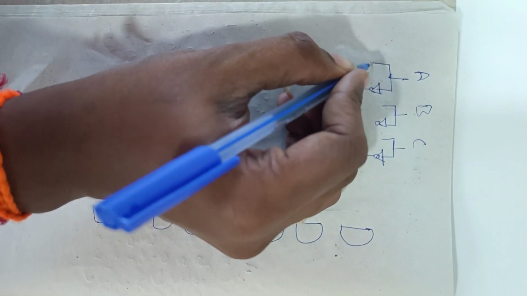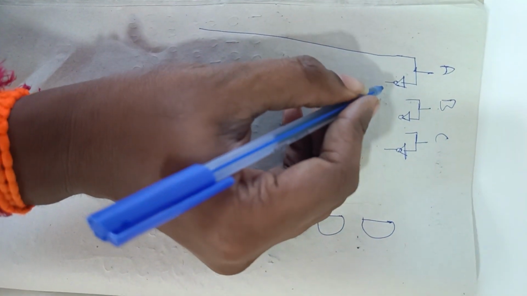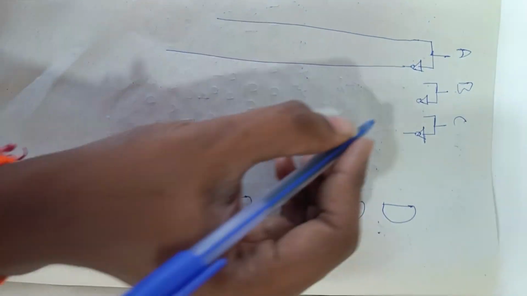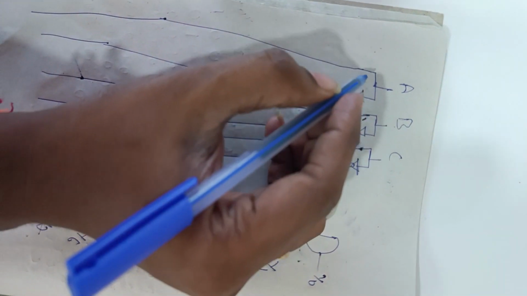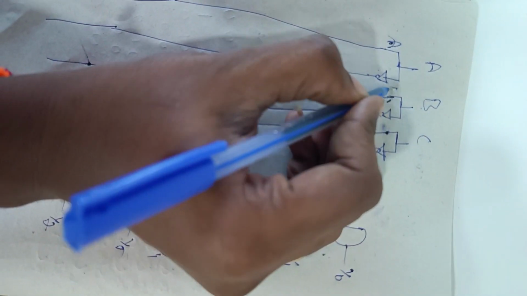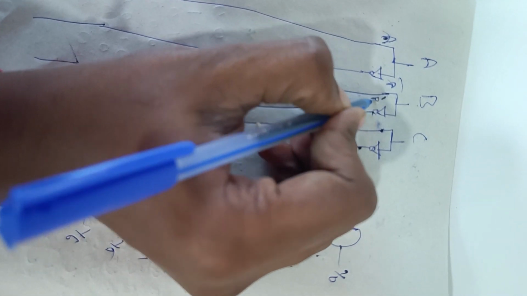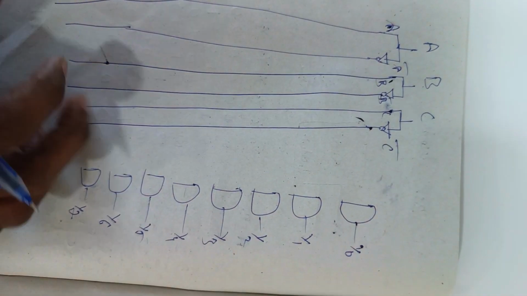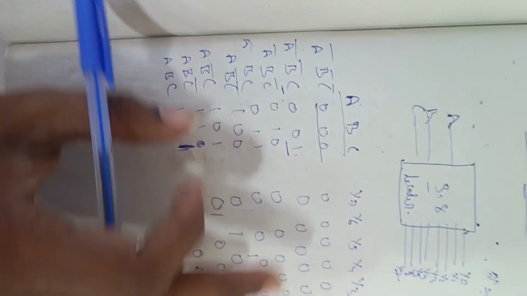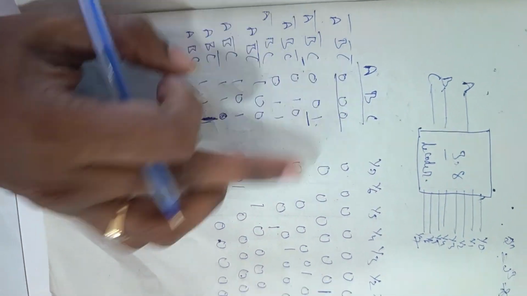I am extending these lines. Here you can see there will be a, here a bar, here b, here b bar, here c, and here c bar. For y0, what are the inputs? We have a bar, b bar, c bar.